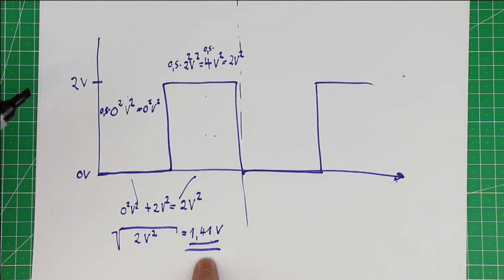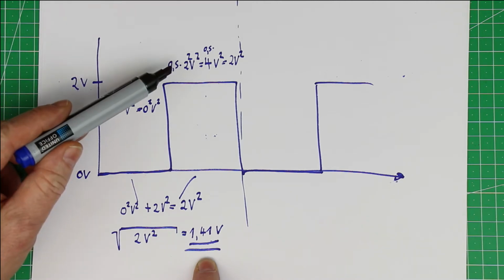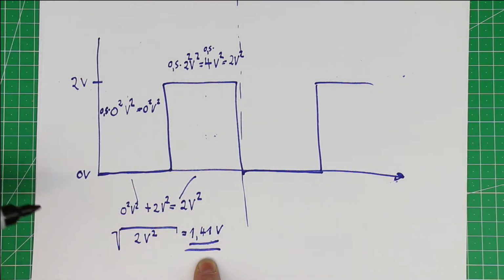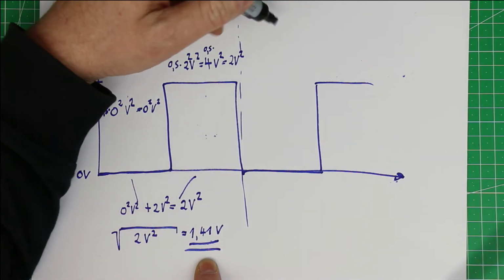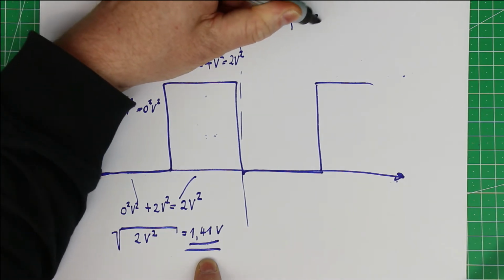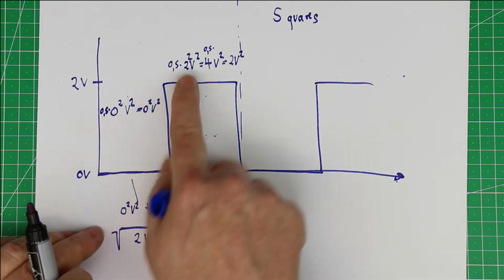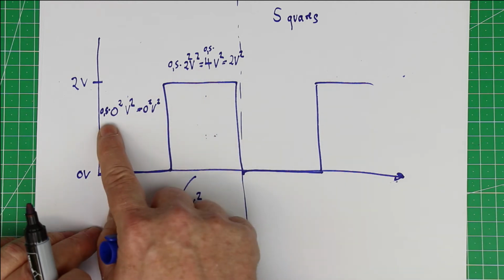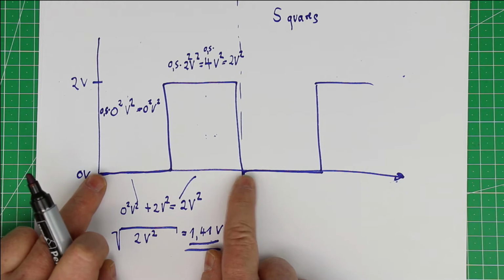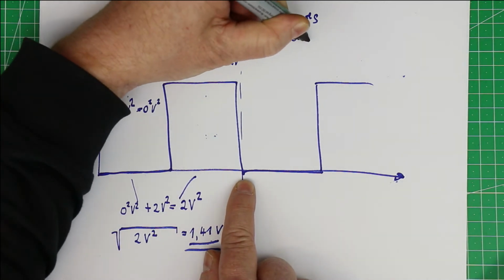And now if we repeat the algorithm that we used, we now also can see why it's called RMS. First we took the squares, then by adding up the squares weighted by the relative factor, the relative time that they have from their period, that is nothing else but taking the mean.